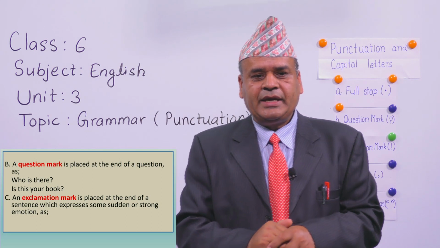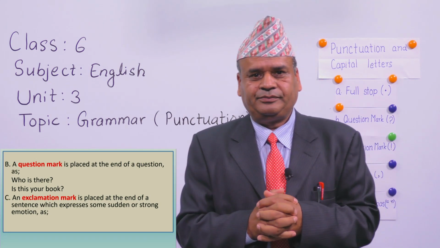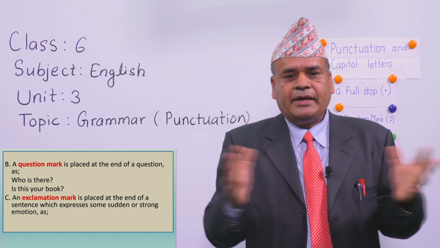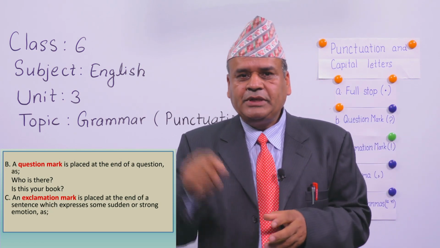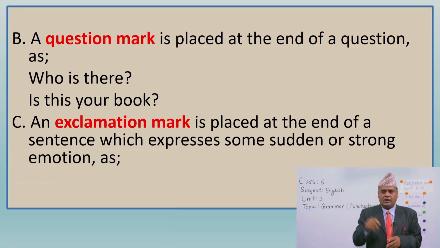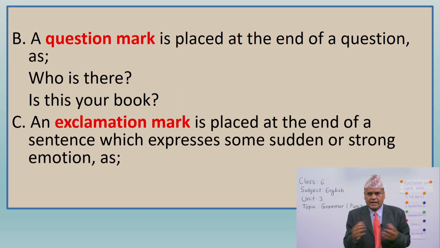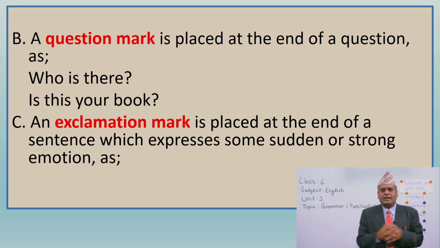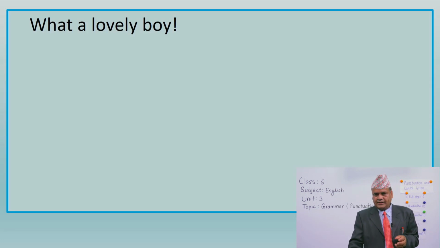And next is an exclamation mark. Exclamation mark is placed. That means used or put or kept, whatever you say. It is placed at the end of a sentence which expresses some sudden or strong emotion, as you can see there. What a lovely boy!